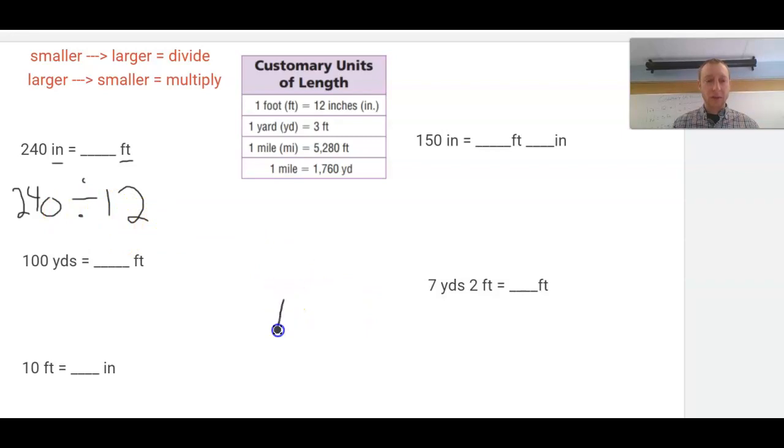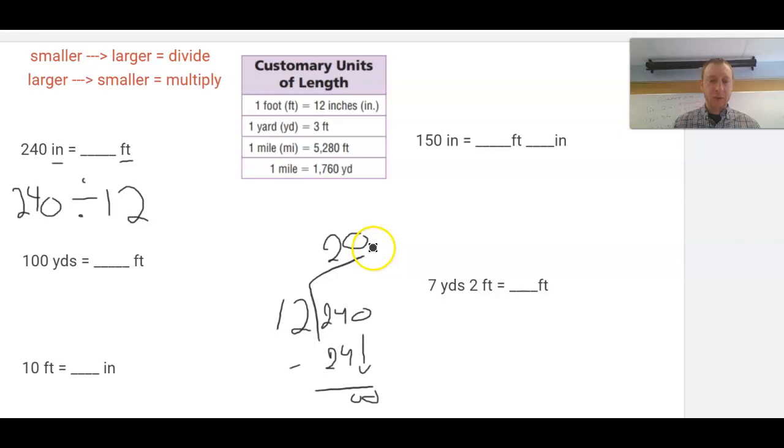Well, let's see. 240 divided by 12. 12 goes into 24 twice. 2 times 12 is 24. Subtract 0. Bring down the 0. Got to divide, so it's 0, right? There are 0 12s in 0. So that means that there are 20 feet in 240 inches, right? We broke that 240 inches up into groups of 12.